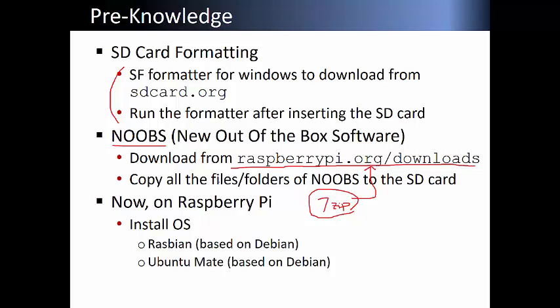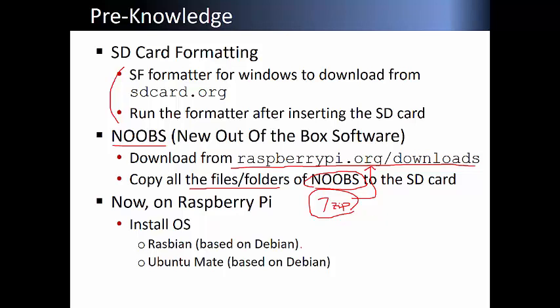So if you unzip it, then you can see files and folders under the NOOBS directory. The only thing you need to do before you take your SD card out from your laptop is to copy all the files and folders under this NOOBS to your SD card.